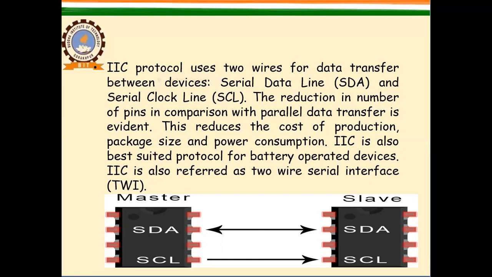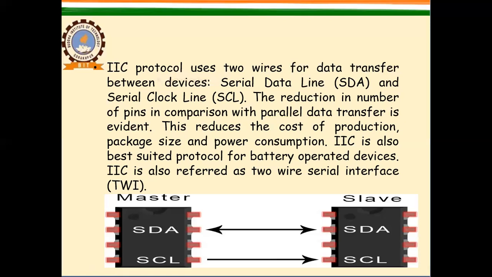The reduction in number of pins in comparison with parallel data transfer is evident here. As we look in this diagram, only 2 lines are used in place of 4 lines in SPI. So the production cost is considerably reduced, packaging size is reduced, and the third important thing is power consumption, which is reduced considerably.